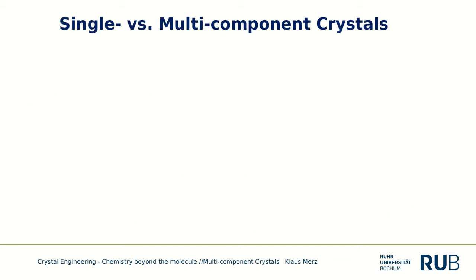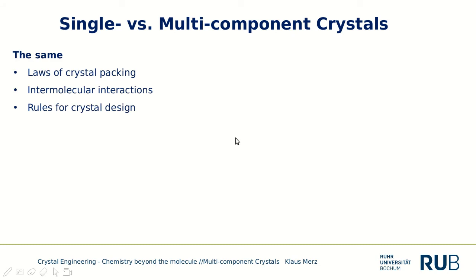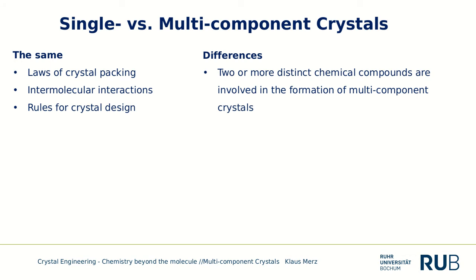What is the difference between single and multi-component crystals? First, look at what is the same. The same are the laws of crystal packing. The same are the intermolecular interactions and the rules of general crystal packing, of crystal design. The difference in this case, as I said, is that we have two chemical compounds which are involved.